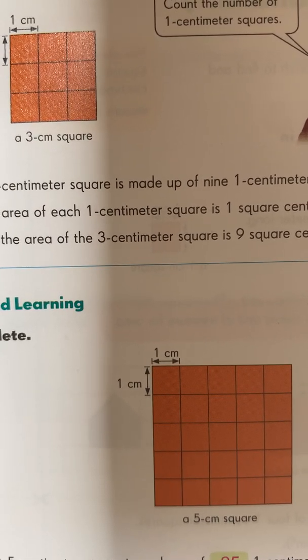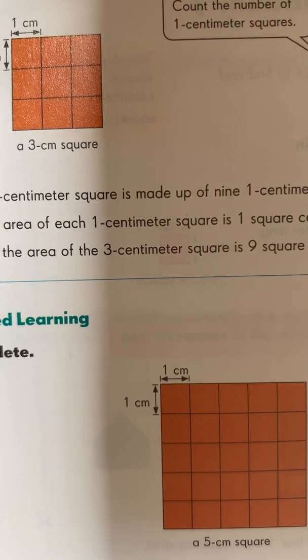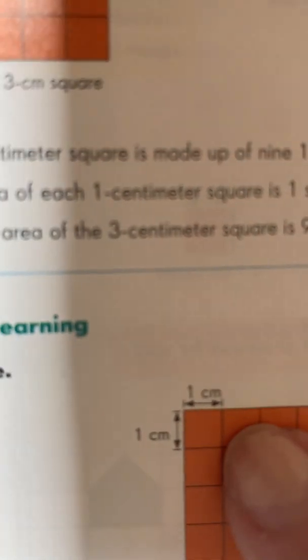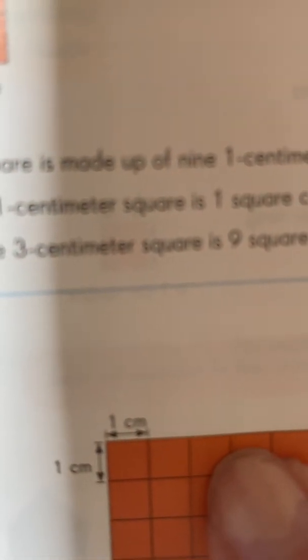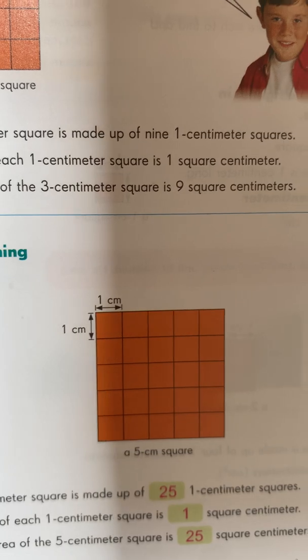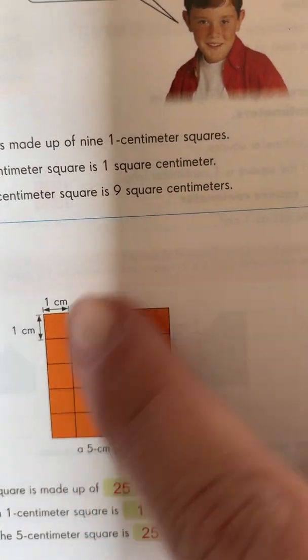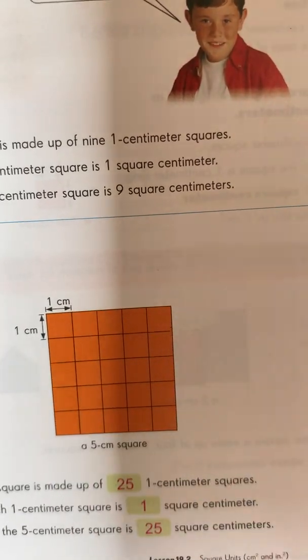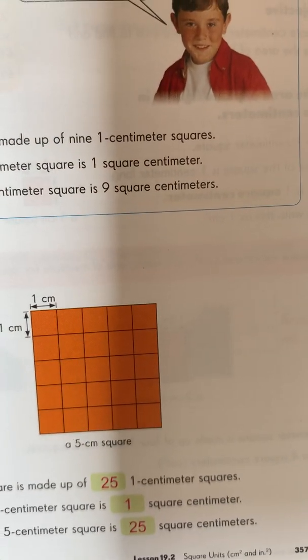The area of each 1 centimeter square is, so each one of these is how many squares? It's just 1, right? So the area of the 5 centimeter square is 25 square centimeters. You have 25 squares. Let's go ahead and take a look at number 4.